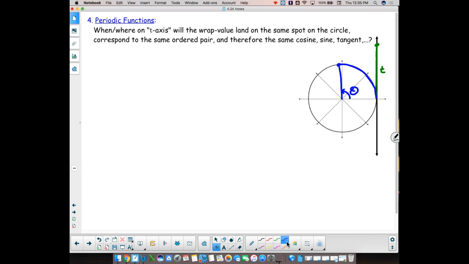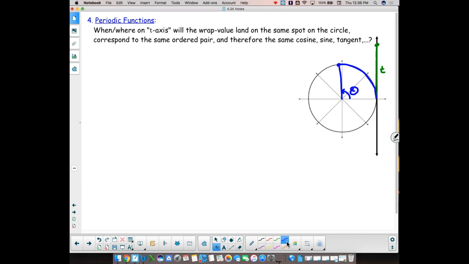My tangent value is the square root of 3. My secant value is 2. My cosecant value is 2 divided by the square root of 3. And my cotangent value is 1 divided by the square root of 3.